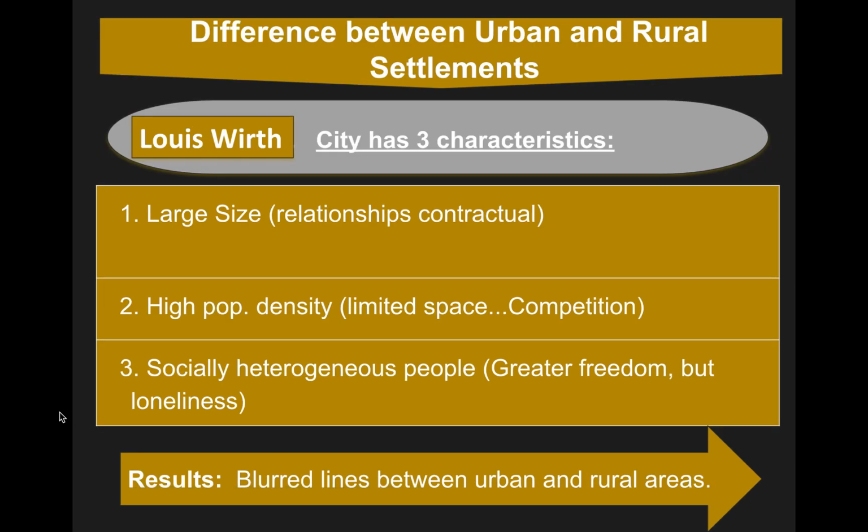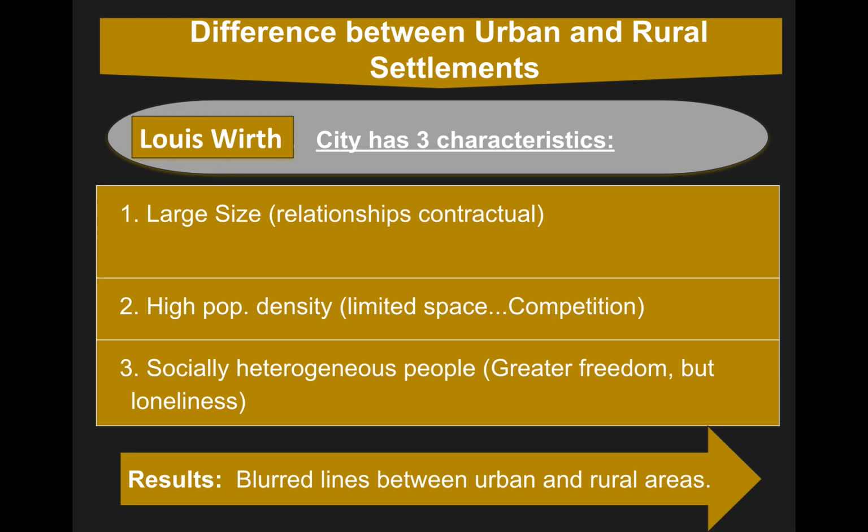Louis Wirth was a human geographer who came up with different ways, in the 1930s, to classify permanent settlements. He said that an urban area has large size. Relationships are usually contractual, meaning your relationships are mainly you acquiring a service and paying for that service.